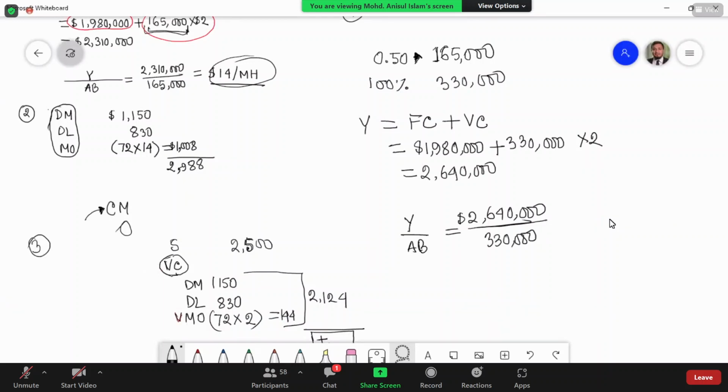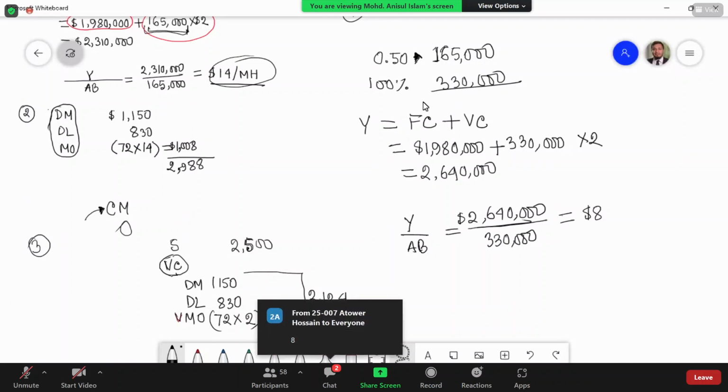That is the number of machine hours if we would run the plant at actual capacity. So what will be the predetermined overhead rate? $8. Someone has written this answer in the chat box. Thanks. So it is $8 per machine hour.